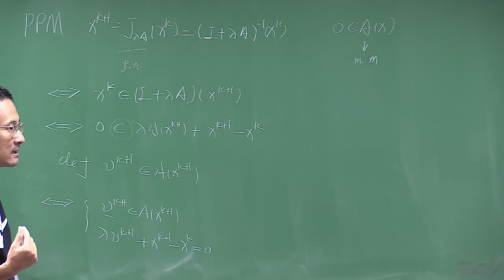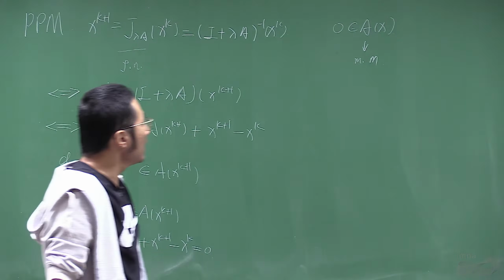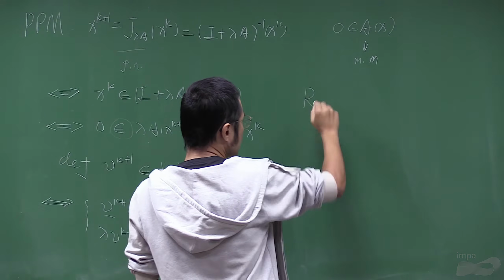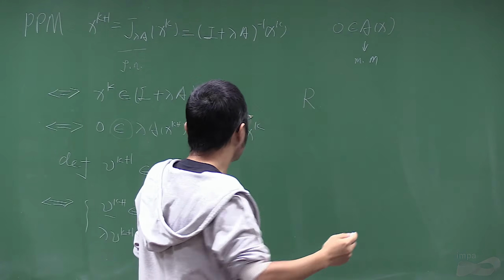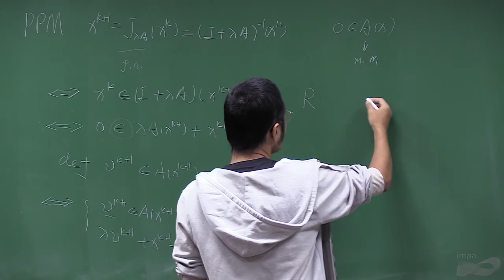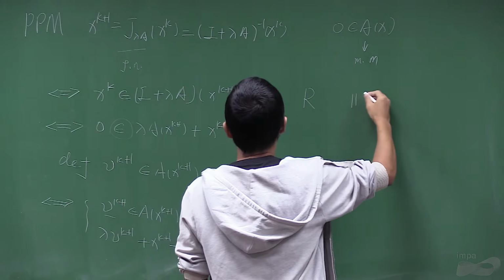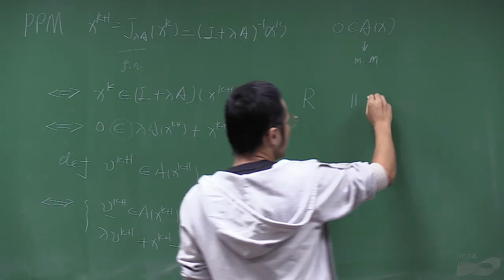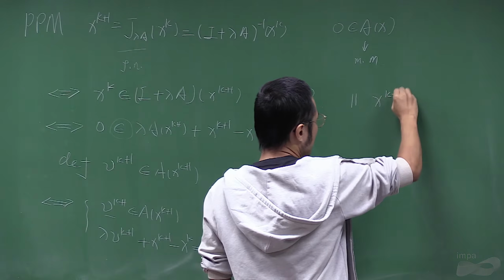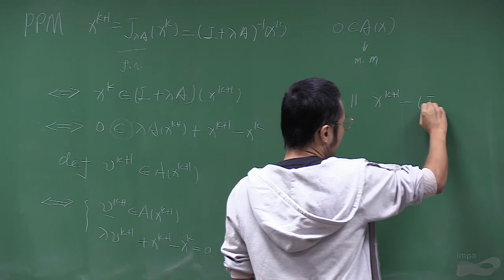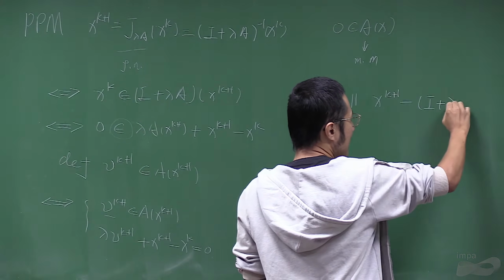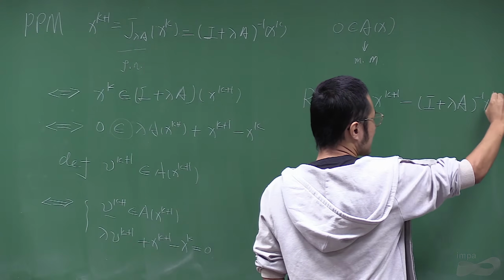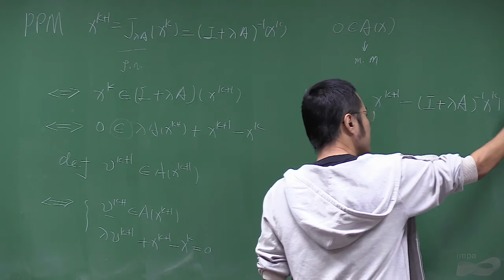Next we analyze the errors. The first error criterion is from Rockafellar in his paper in the 1970s. He proposed that we solve this step inexactly, which means xk plus 1 minus (I plus lambda A) inverse of xk is not equal to 0.